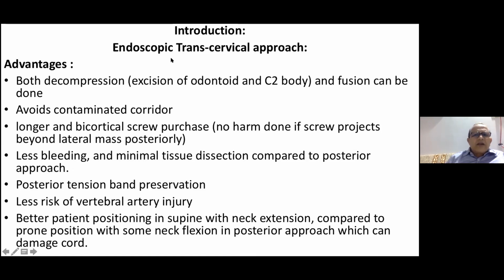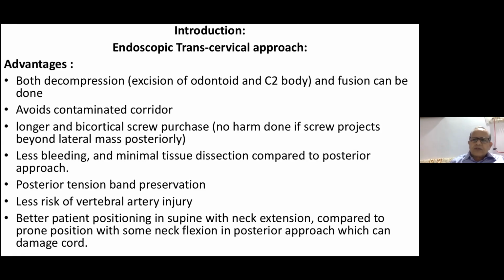What are the advantages of endoscopic trans-cervical? The trans-cervical approach also has been described open approach way back, and it is being practiced by many neurosurgeons. The endoscopic approach, as you know, allows a very small incision, and because you don't have to open up more, therefore it is better, the less morbidity, and hardly any tissue mobilization is required.